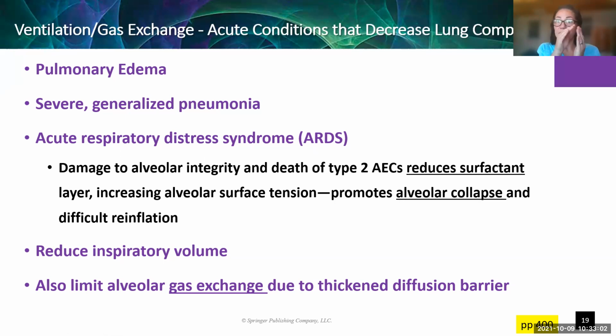And surfactant, remember, was supposed to be helping us from having our alveoli collapse every time. So in the absence of the surfactant, we get more alveolar collapse and it's harder to reinflate. So we reduce how much air can come in. And again, we're limiting how much gas exchange we can because of the thickened diffusion barrier. There's more stuff in between the air in the alveolus and the capillary.